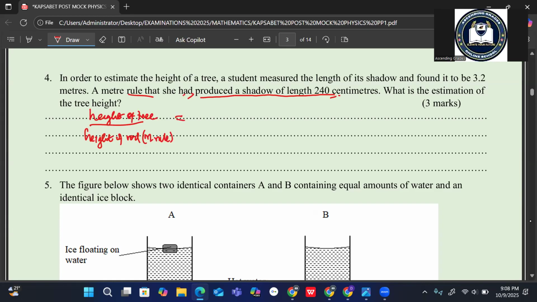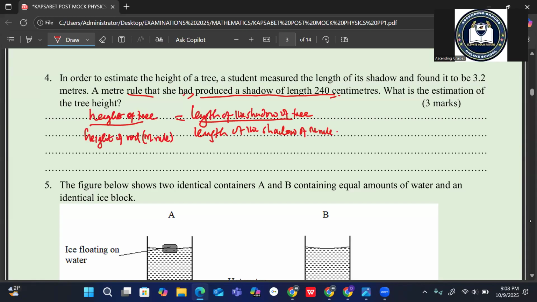This will be the same as the length of the shadow of the tree over the length of the shadow of the meter rule.